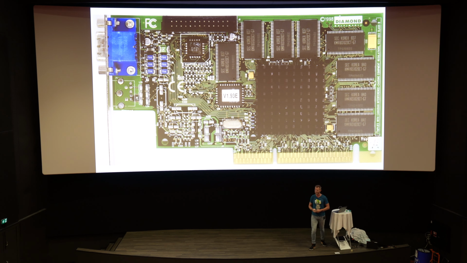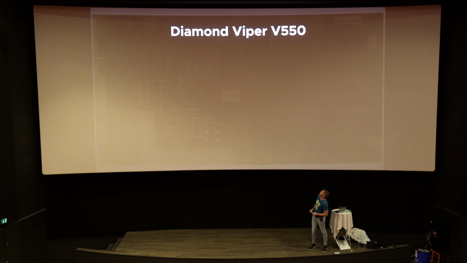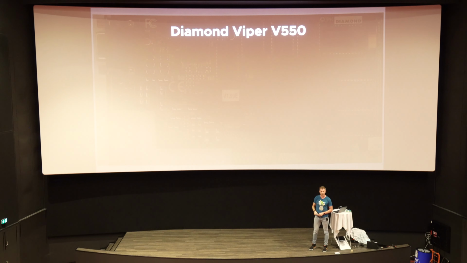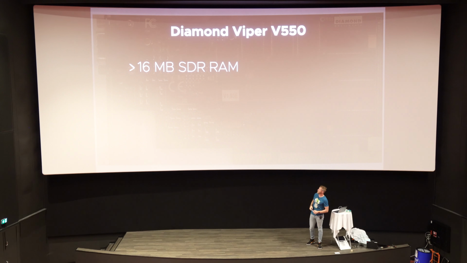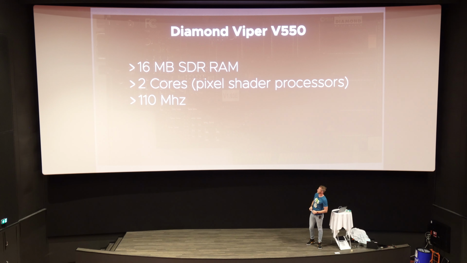No, it's the Diamond Fire GL 550, and it was not the very first GPU, but it was one of the first ones that showed a true difference with certain APIs. It had 16 MB of SDRAM, 2 whole cores, over 100 megahertz, no encoder, really important to know.